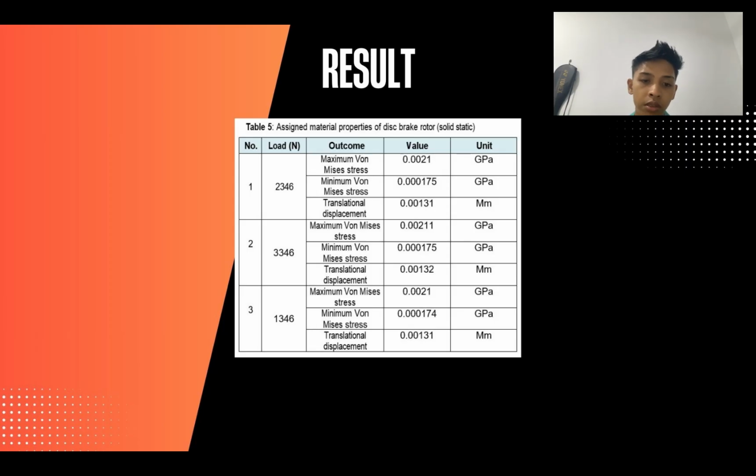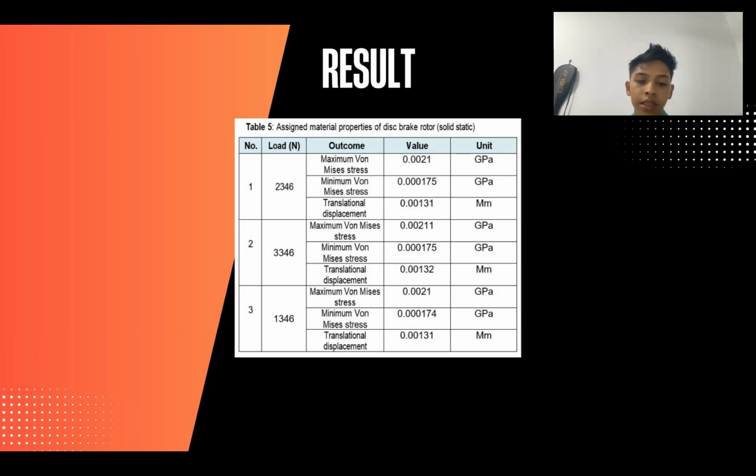First load is 2346, for maximum von Mises stress 0.0021 gigapascal, and minimum von Mises stress 0.000175 gigapascal, and last translational displacement 0.00131 millimeter.